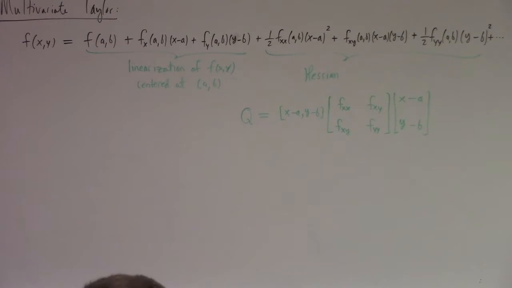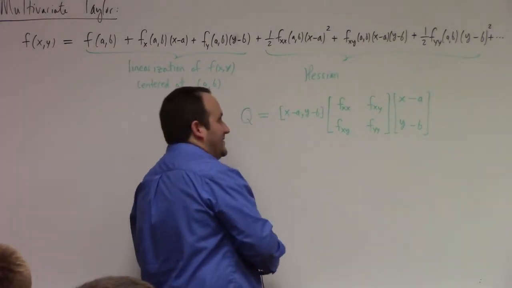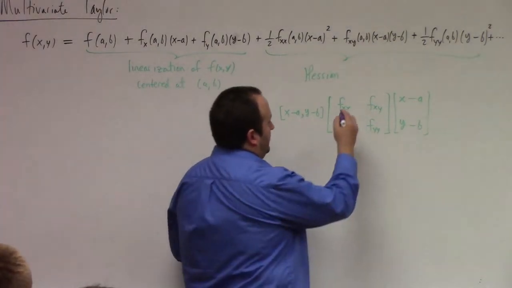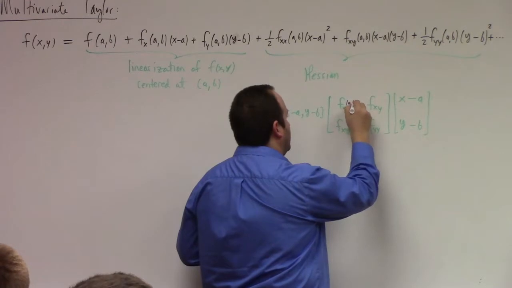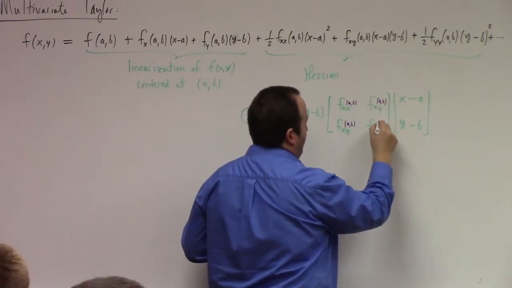So what does the function look like if we have a critical point? What's a critical point? It's at that point.